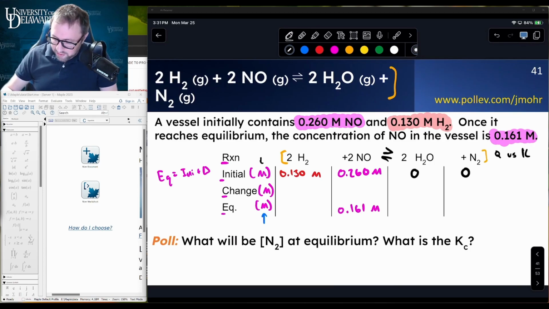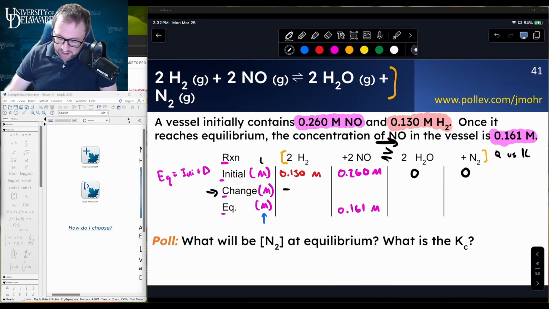So now that we know the direction that this is going to make products, we can fill in our stoichiometric changes, right? So our changes in concentration, we could at this point figure out what that is, but we're going to write this out formally. So our reactants are going to decrease by some stoichiometric amount, and our products are going to increase by some stoichiometric amount. So when I say amount, that's just filler for x, right?